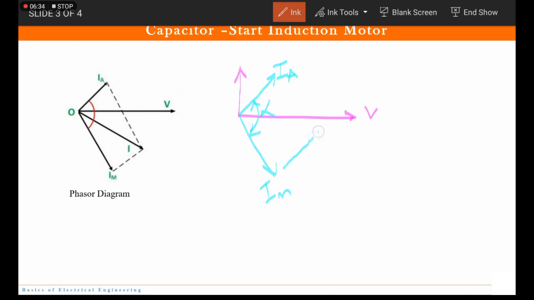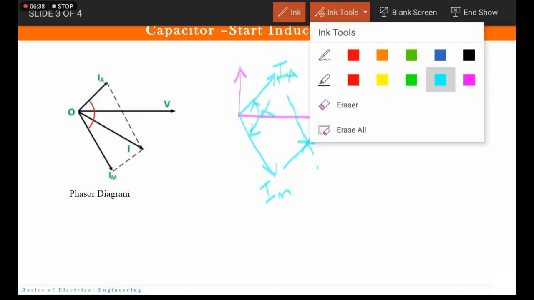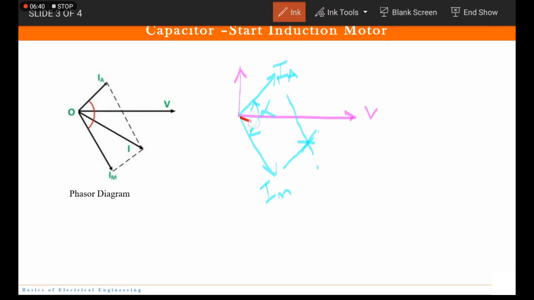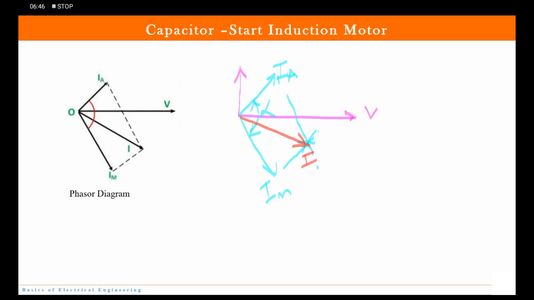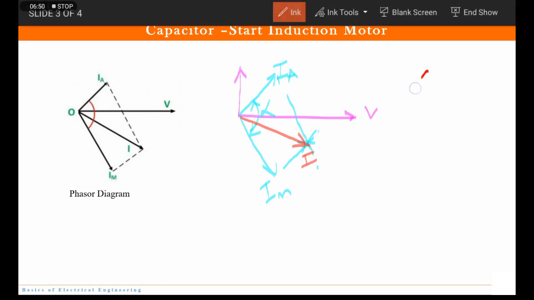Now when I draw the parallel line to these two, this is the intersection point, and this is my resultant current I. Now in case of capacitor start induction motor, the value of alpha can be as high as 80 degrees, which is very high.